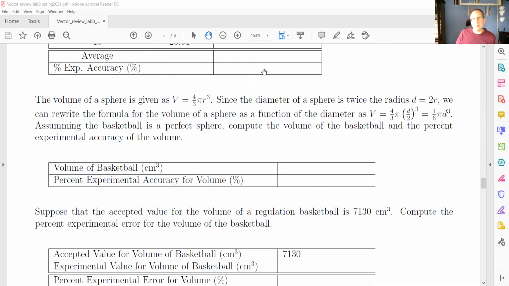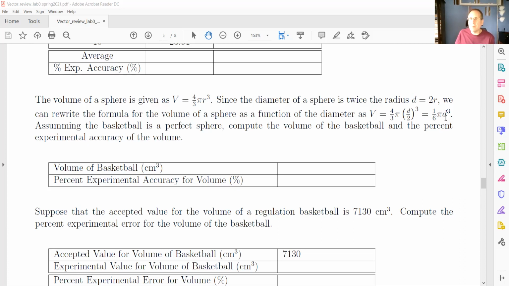Well, if I know the percent experimental accuracy for the diameter, and the formula involves multiplying diameter by itself 3 times because it's diameter cubed, then remember, to find the percent experimental accuracy for the volume, this dependent variable, you have to add the respective percent accuracies. The 1/6 and pi don't have any arrows, so you don't have to worry about that.